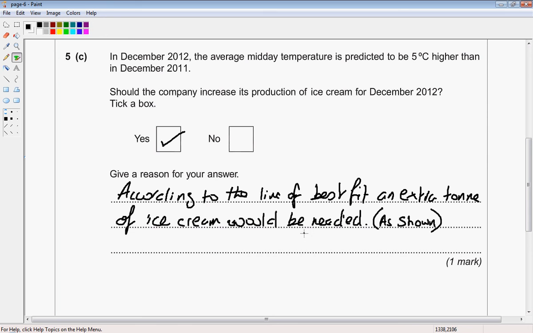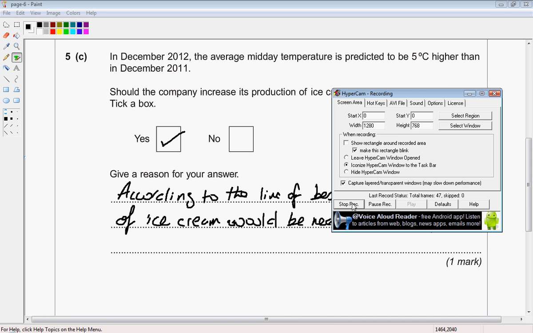And then I would still put in here as shown, because I will keep making them go back to the graph. Okay, so this is quite a long-winded question for very few marks, but that's the question. Okay, so we'll stop there and we'll move on to the next.